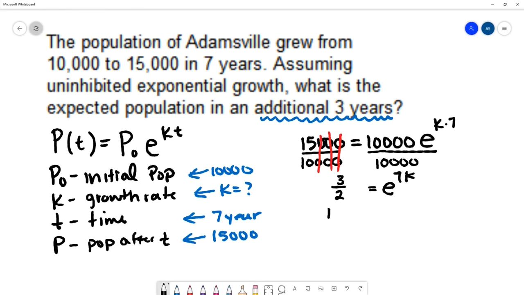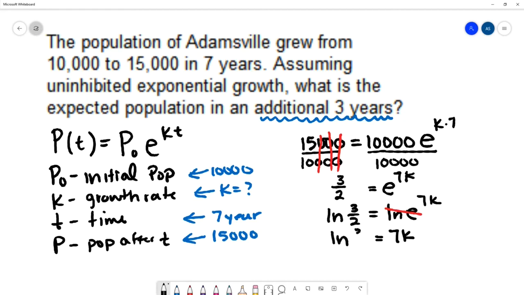Now we're going to solve the exponential equation by taking the natural log on both sides. We have natural log of 3 over 2 equals natural log of e to the 7k. Natural log and e are inverse operations of each other, so they cancel each other out. We get 7k on the right-hand side.